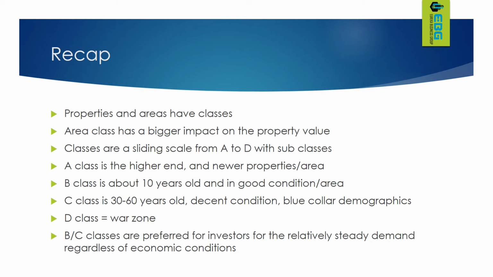A B-class is about 10 years old, good condition, good area. C-class is the 30 to 60-year-old properties, decent condition, blue collar demographics. And D-class is your war zone. And then, like I said, we prefer the B and C classes because of the relatively steady demand that doesn't matter what the economy is doing. B and C is in the middle, and they get a lot of incoming flow of demand from above or below.